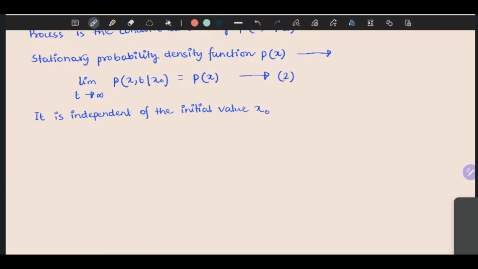So we have seen for the discrete Markov process that the conditional density satisfied the Chapman-Kolmogorov equation.